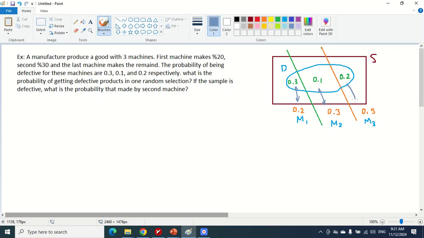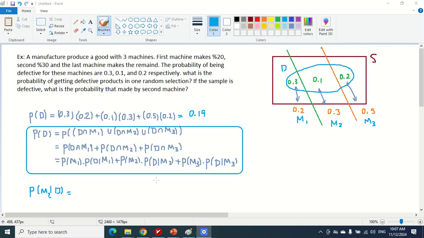We can avoid writing the formula, but totally we can write that the probability of getting a defective product will be equal to the multiplication of corresponding values. It's going to be 0.3 multiplied by the corresponding value, which is 0.2, and we do the remaining things as well.